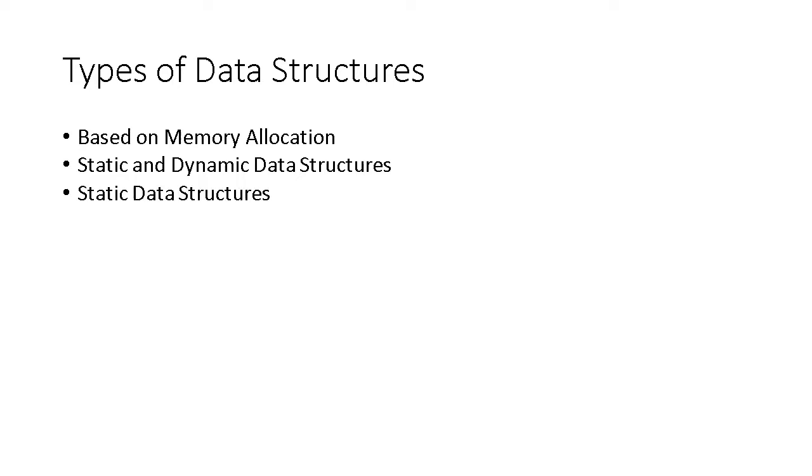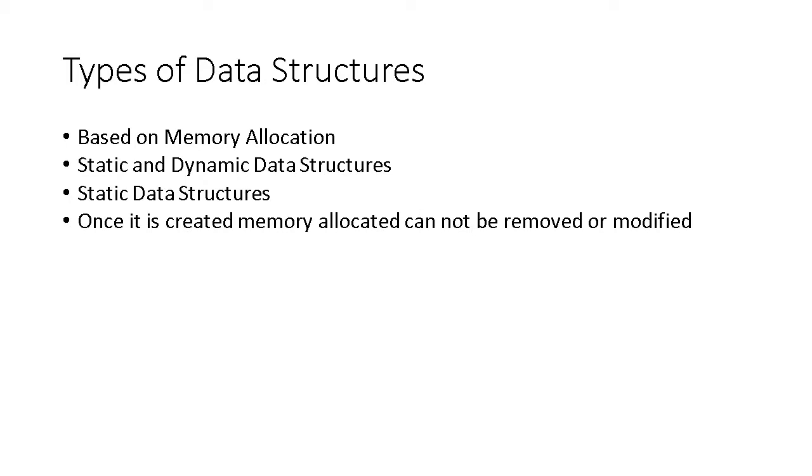In static data structures, once we have created or allocated memory, we cannot remove or modify it. Memory allocation happens at compile time. When I am compiling my program, the compiler allocates the memory. So when I am executing, I cannot remove that memory or modify the size of the data structure.